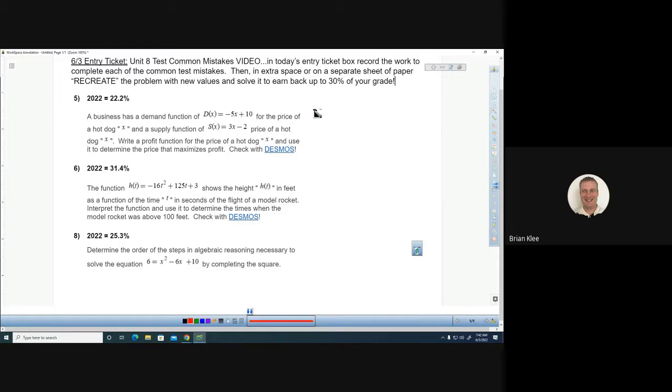So what you should have done is negative 5X plus 10 multiplied by 3X minus 2. All the answer choices that were available on the test would have come from multiplying those two binomials. So I multiply negative 5X times 3X.